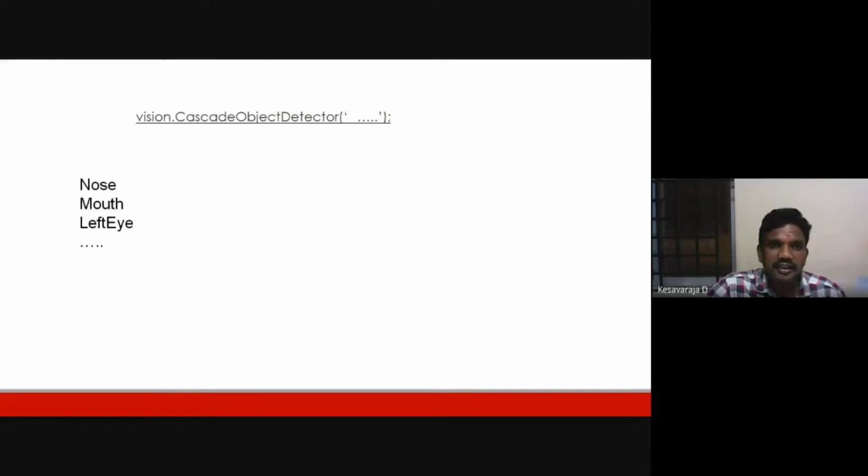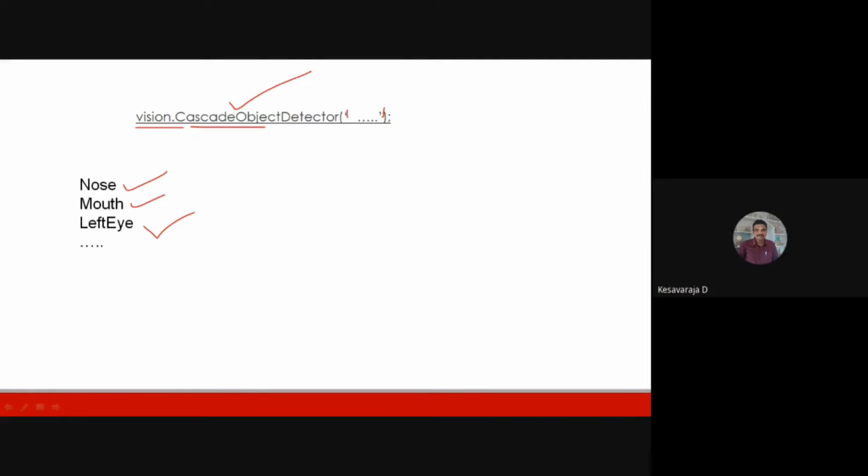So vision.CascadeObjectDetector is a method chosen to detect a face. Inside single quotes, if you specify nose, it will detect and track the nose. If you specify mouth, it will detect and track the mouth. Specify left eye, and it will detect and track it; upper body, likewise.